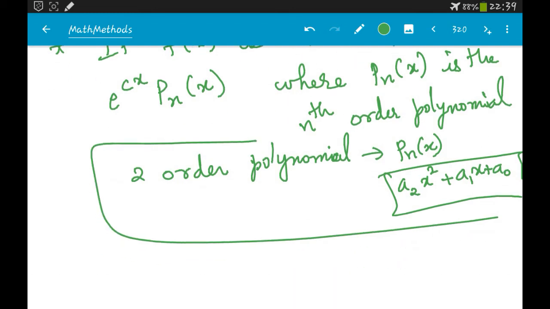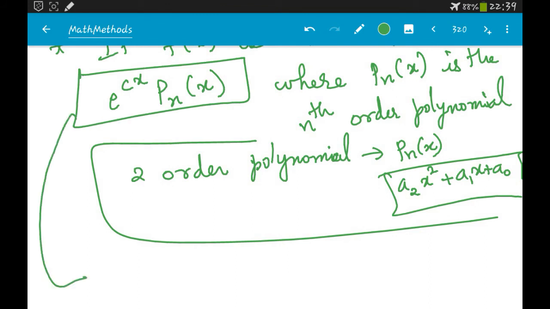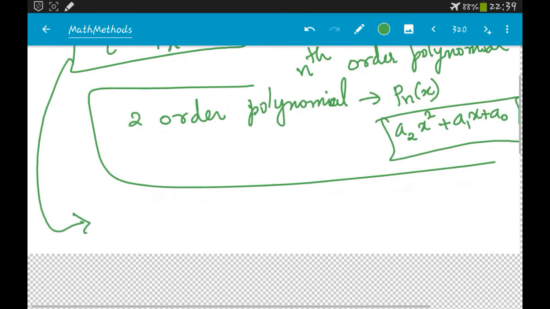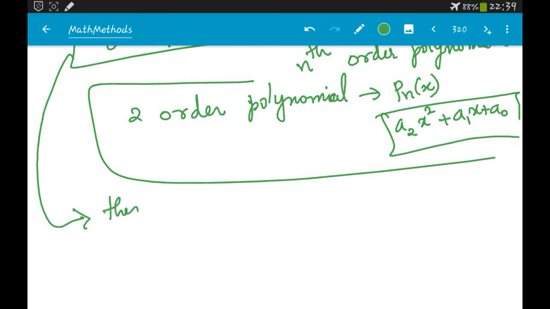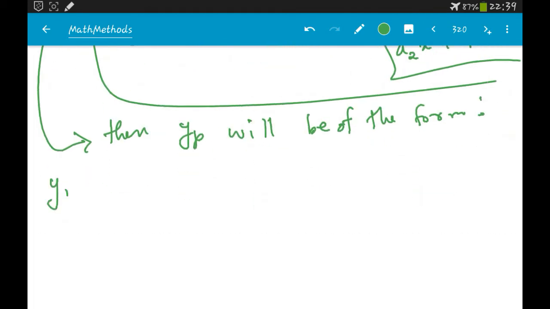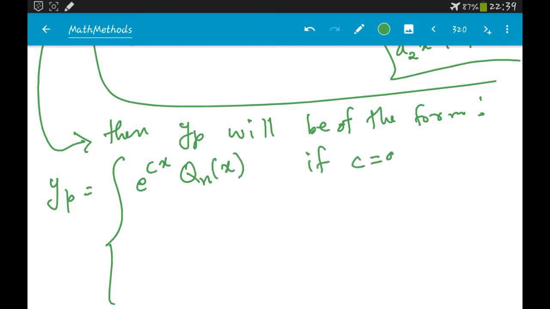So if f of x is of this form, then yp will be of the form e power cx into Qn of x, if c is not equal to a and c is not equal to b.